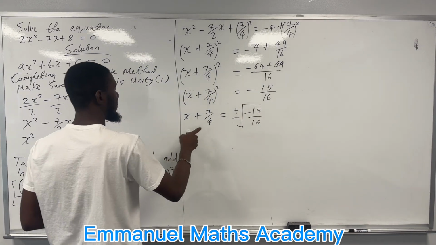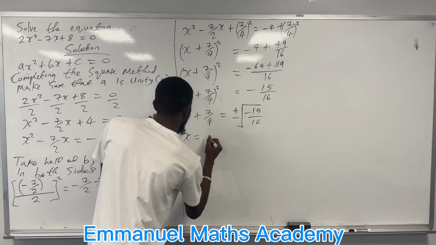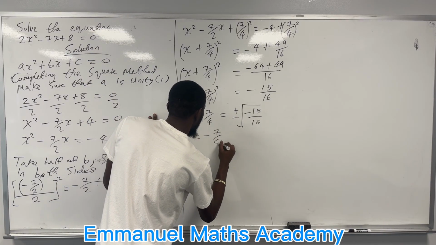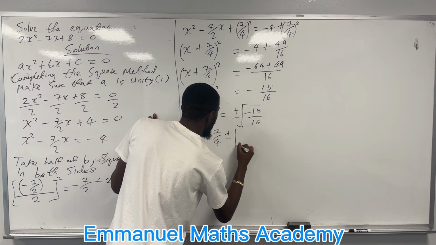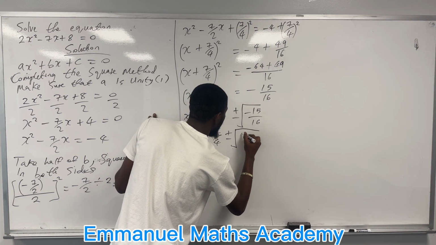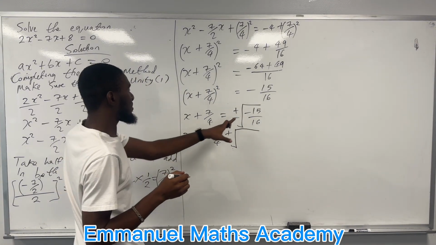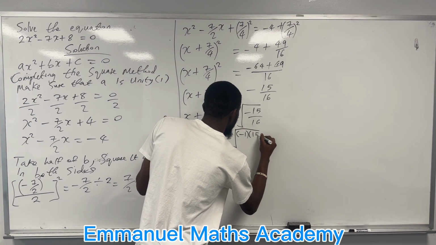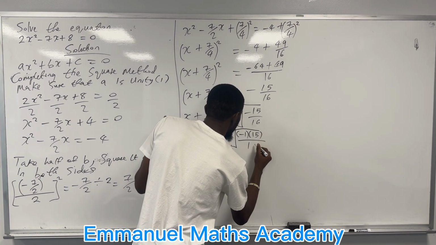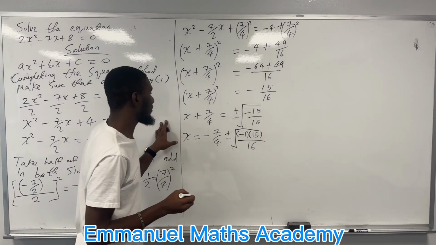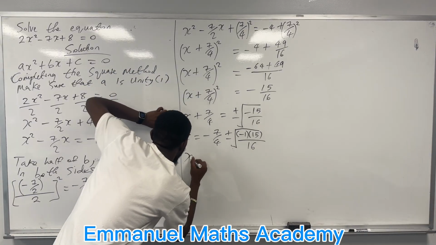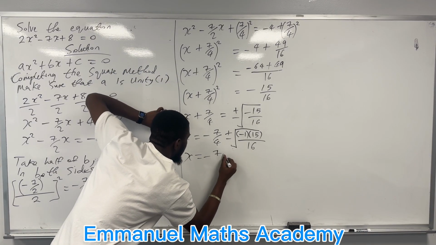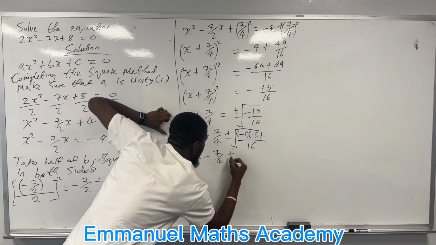Right? You take the 7 over 4 to this side. You have x is equal to minus 7 over 4 plus or minus roots. From this, you can actually separate this. Actually means minus 1 times 15. You have 16 here, right?